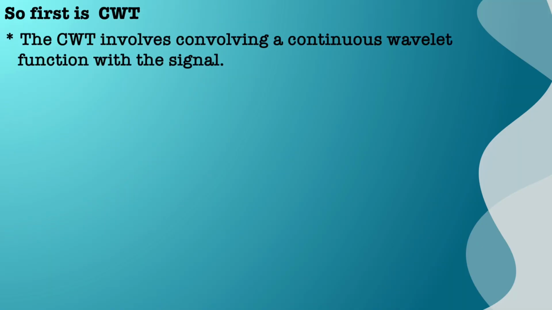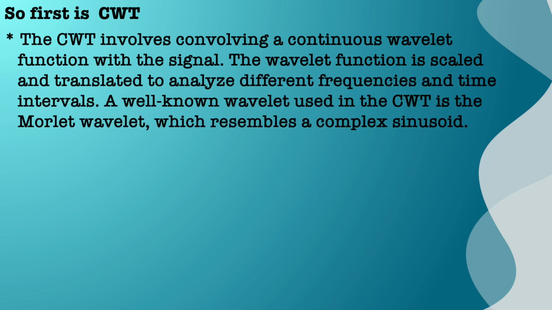So, first is CWT. The CWT involves convolving a continuous wavelet function with the signals. The wavelet function is scaled and translated to analyze different frequencies and time intervals. A well-known wavelet used in the CWT is the Morlet wavelet, which resembles a complex sinusoid.